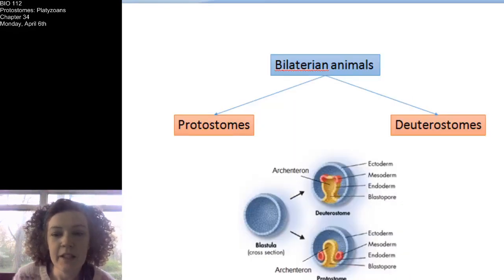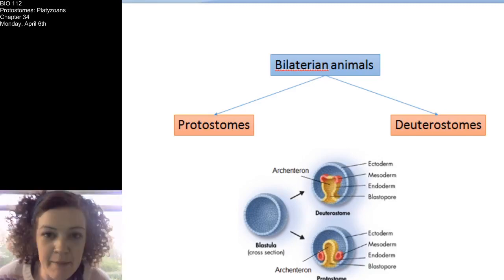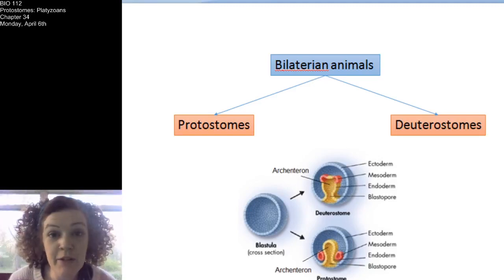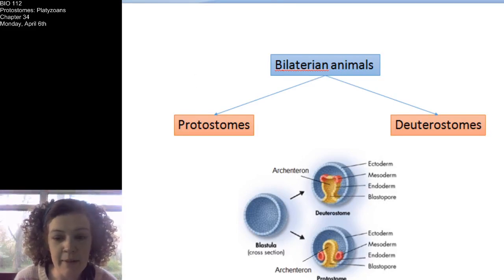So remember, in the bilaterian animals, those that are bilaterally symmetrical, you have two big groupings. The first are the protostomes, and that's who we're going to talk about today, and the deuterostomes. We are deuterostomes. And just remember, these groups of animals differ in four big ways, right?